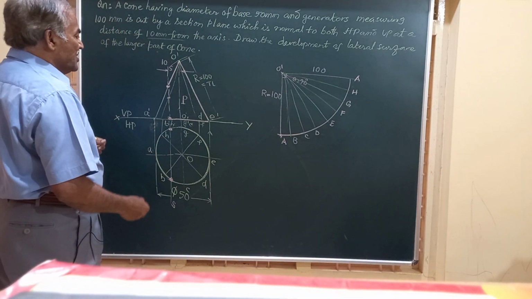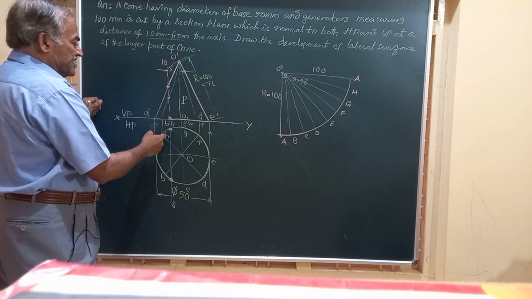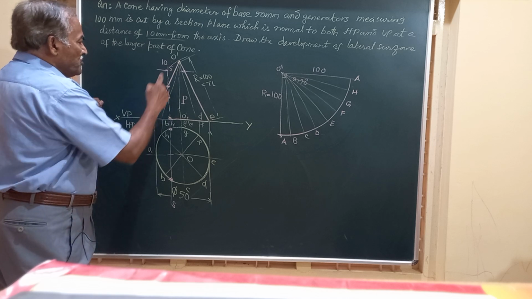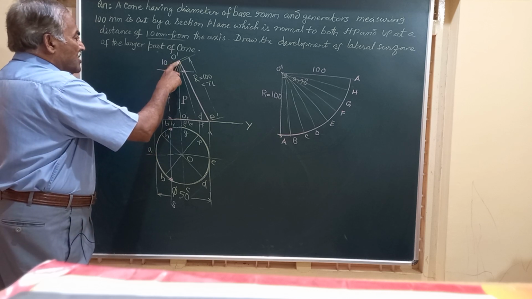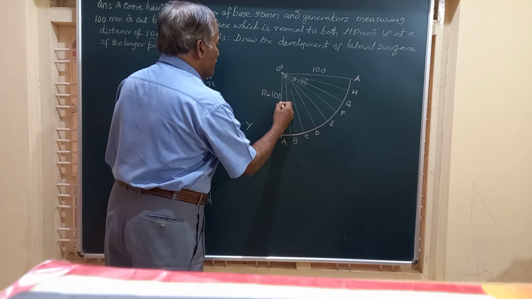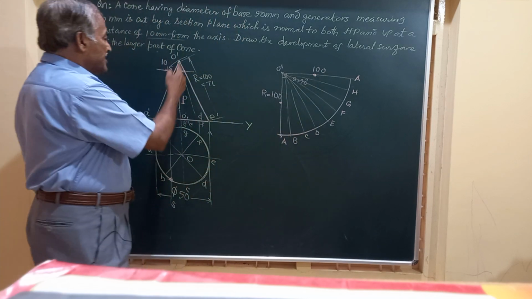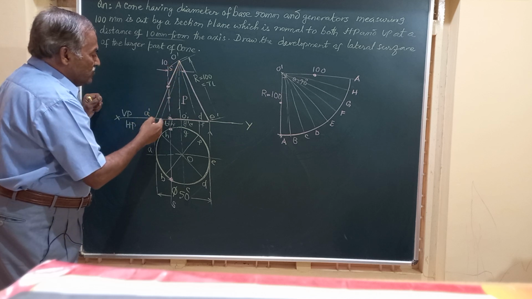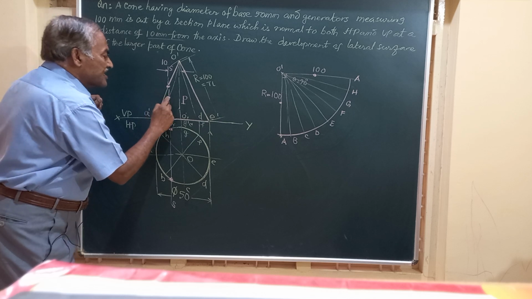Friends, now let us start with the points where the section plane is cutting the generators and the base. The generator O dash A dash is cut here. O dash A dash is the true length. Now I take this measurement on O dash A dash in the development and mark that. Say friends, I am getting a point here, another point at the same distance. So this is where the section plane is cutting. So similarly, these generators OB and OH are cut here.